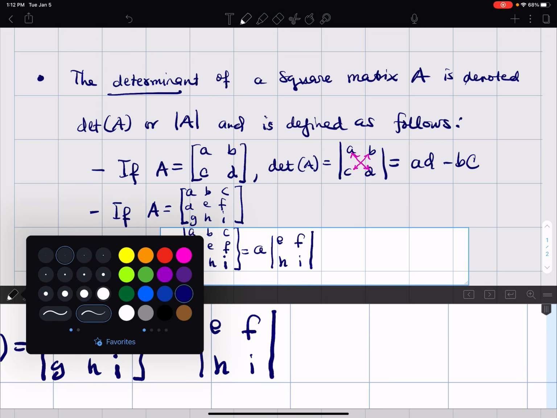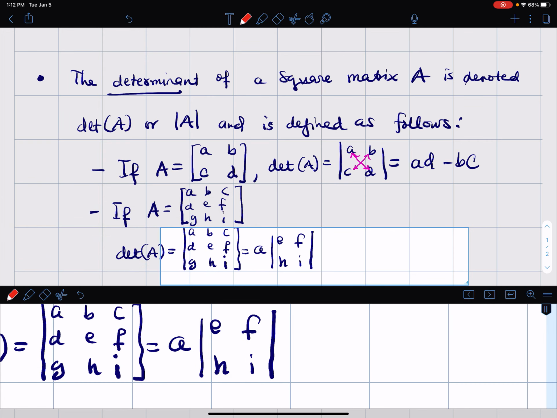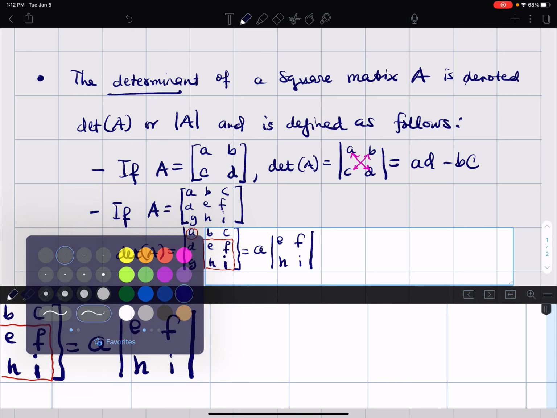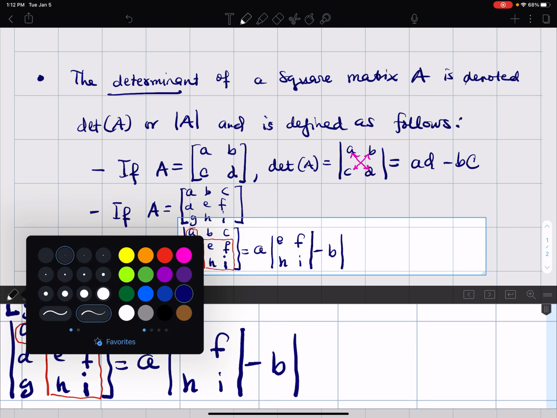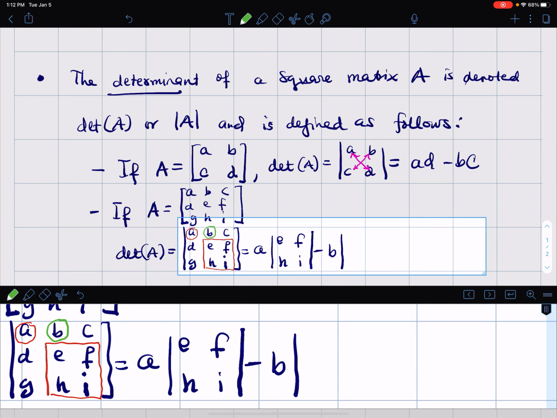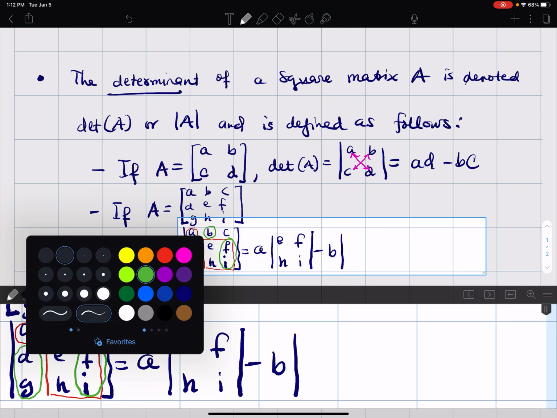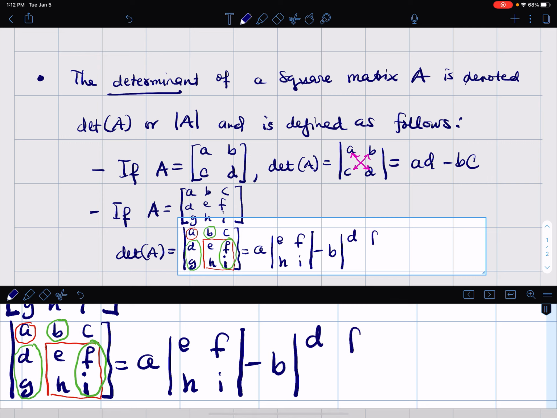So I take a, I ignore its row and its column, and I multiply by the determinant of this 2 by 2 matrix. Then minus b: I take b, ignore its row and its column, and multiply it by the determinant of d, f, g, i.